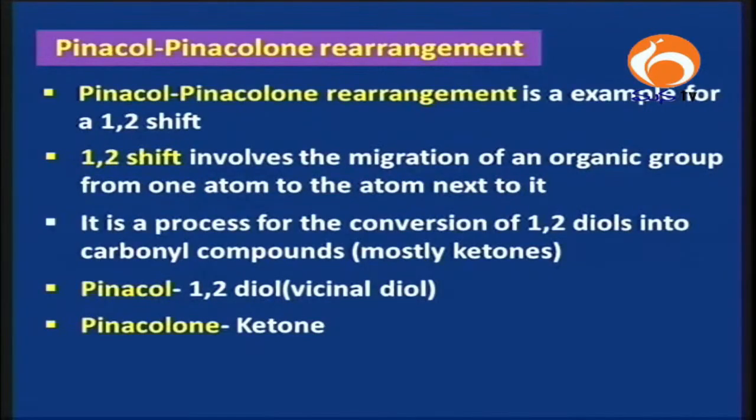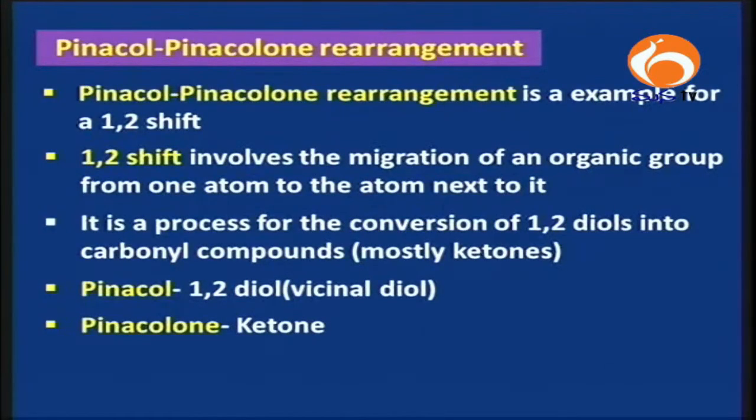If the 1,2 shift involves the migration of a methyl group, then it is known as 1,2 methyl shift. If it involves the hydride ion, it is known as 1,2 hydride shift. If it involves the phenyl group, it is known as 1,2 phenyl shift. And pinacol-pinacolone rearrangement is an example for a 1,2 shift reaction.